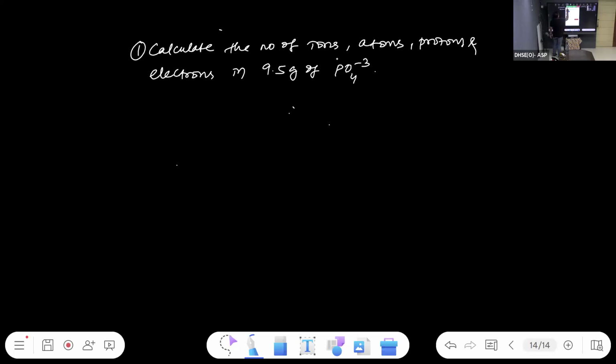Okay, proton 0.46 Na and electron 0.44 Na.